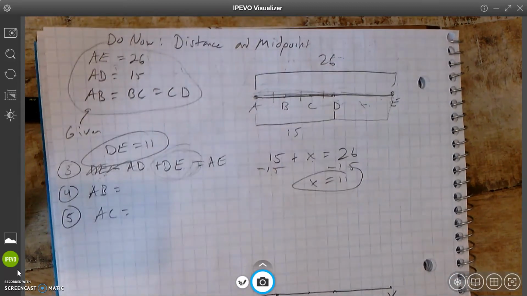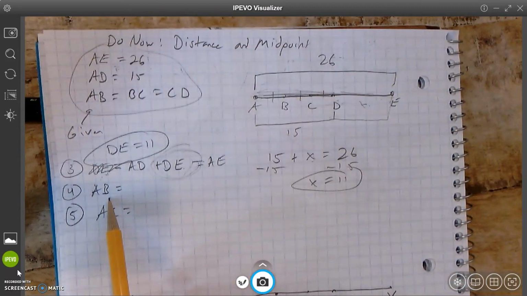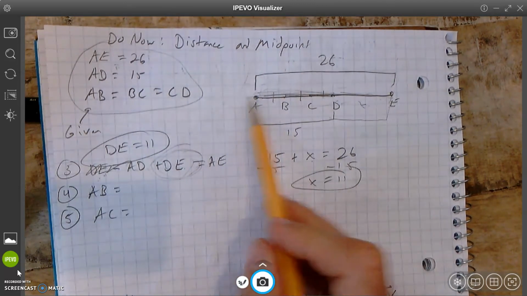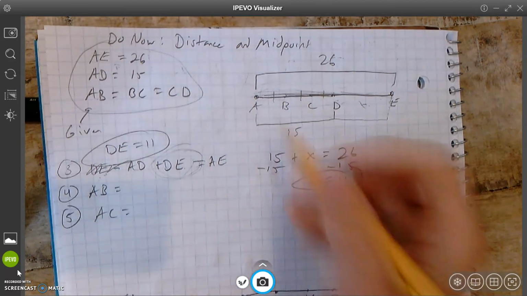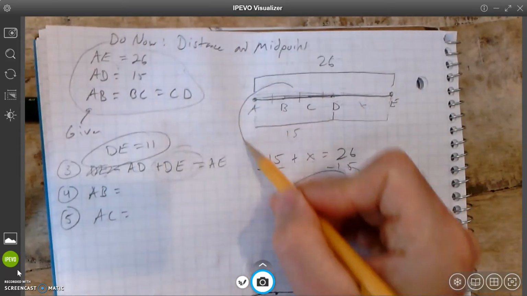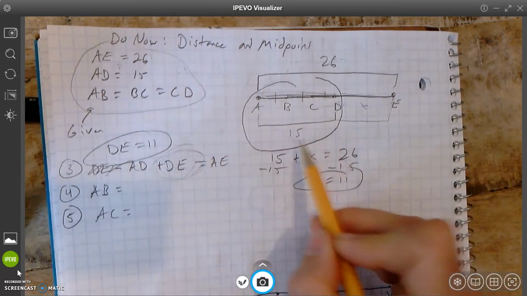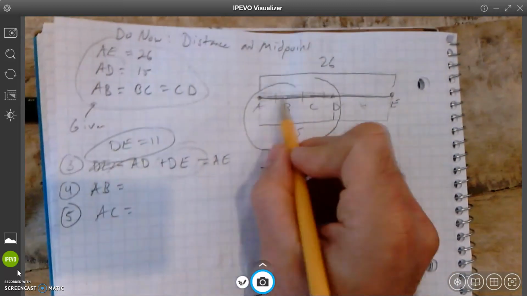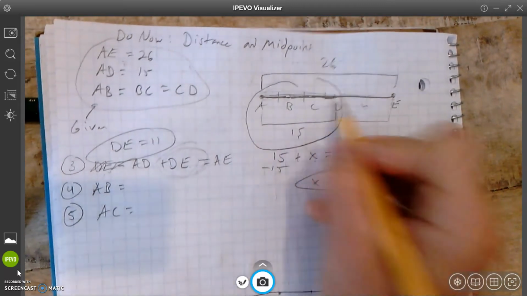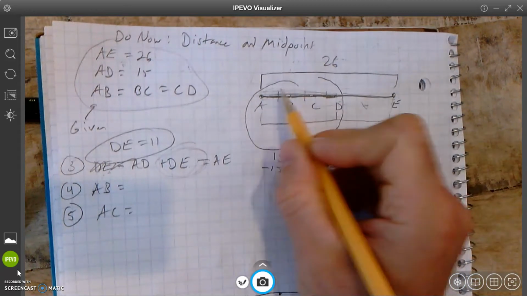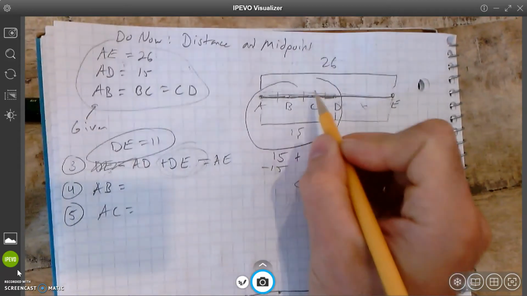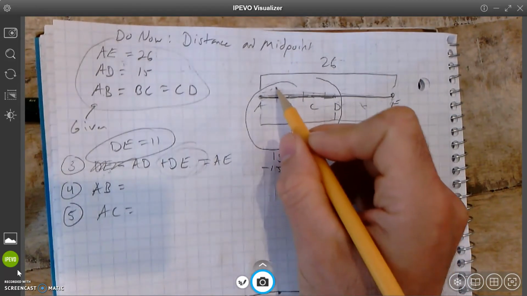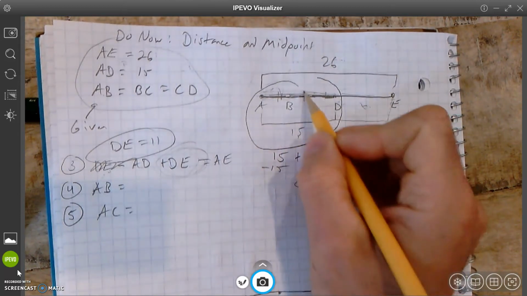Cool. All right, next, number 4, AB. AB is this. So this is 15, and I'm looking here at just this. 15 is A to D, and it looks like it is divided into 1, 2, 3 equal parts, because A to B, B to C, and C to D are all equal. That's why we drew this little mark here.